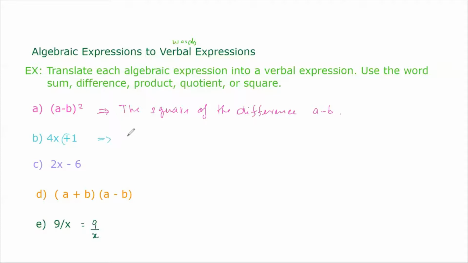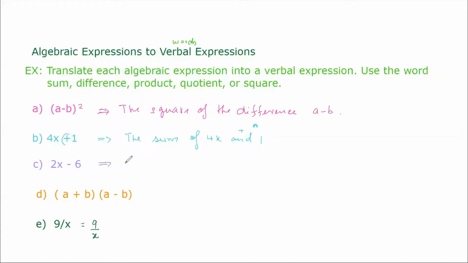So we can write this one as the sum, because plus means sum. So the sum of 4x and 1. We use "and" to mean plus, right? Sometimes when you learn logic, "and" means intersect.